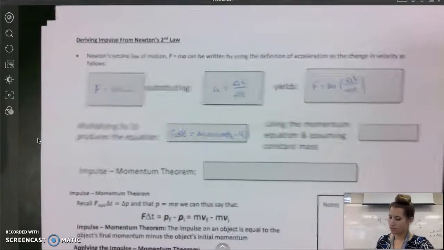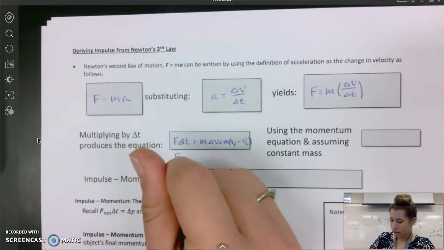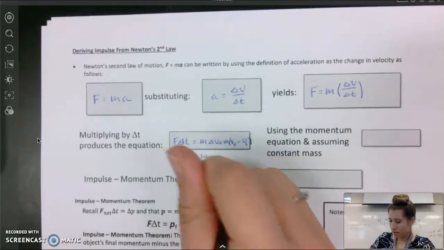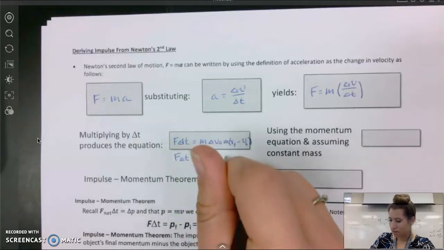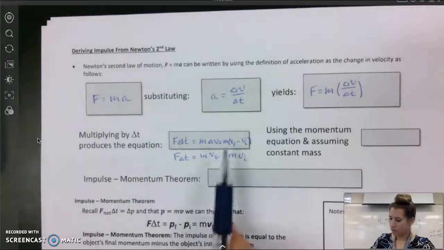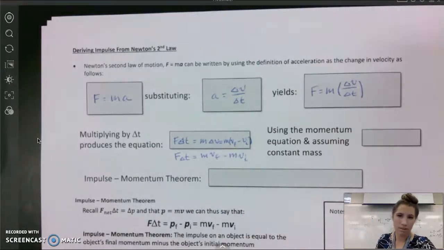Okay, I should have left some more room for this, but I could rewrite that. I could say that this force over a given amount of time is equal to mass multiplied by velocity final subtracted by that same mass multiplied by velocity initial. I just distributed that mass within the parentheses.